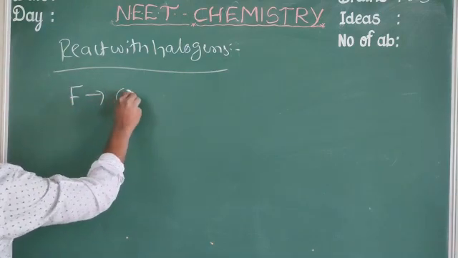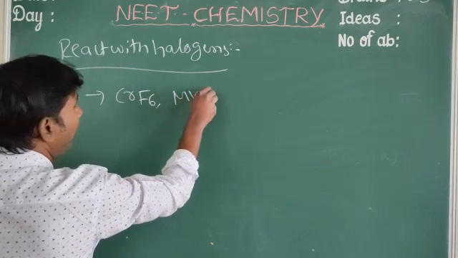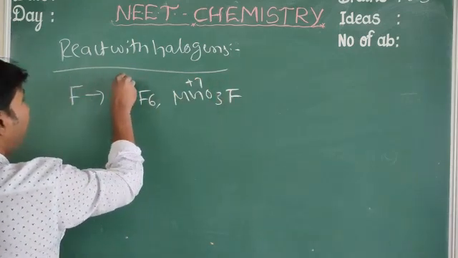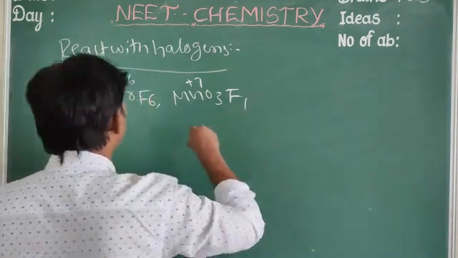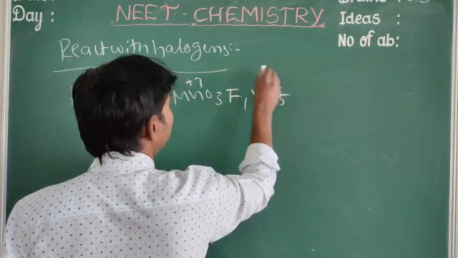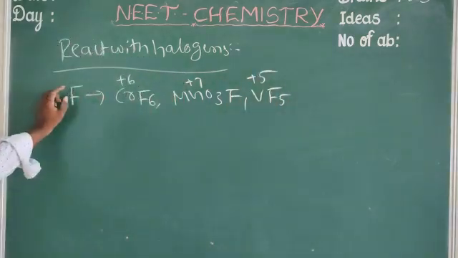That means CrF6, MnO3F, here +7, here +6. Next, VF5, here +5, like that.